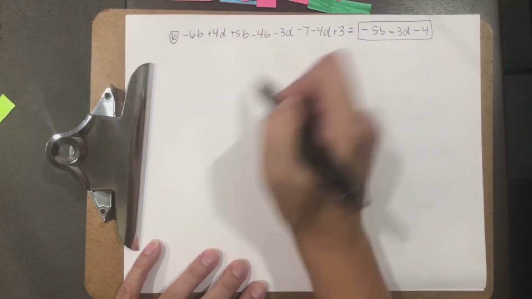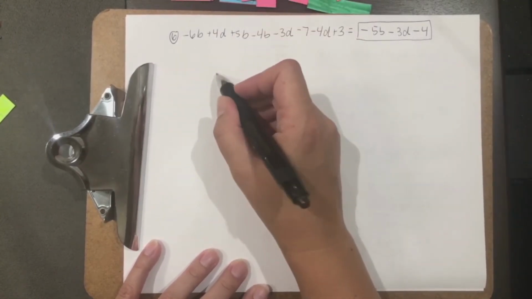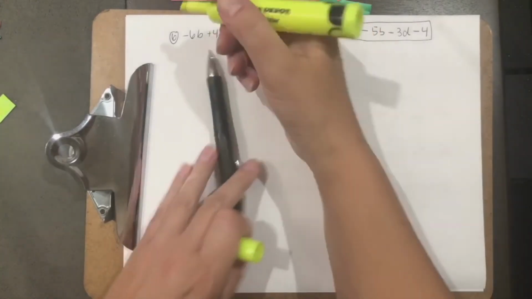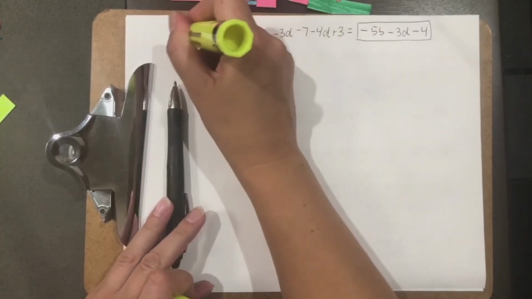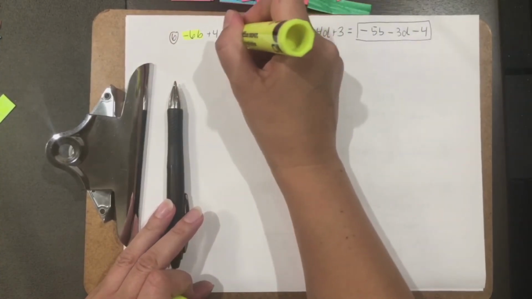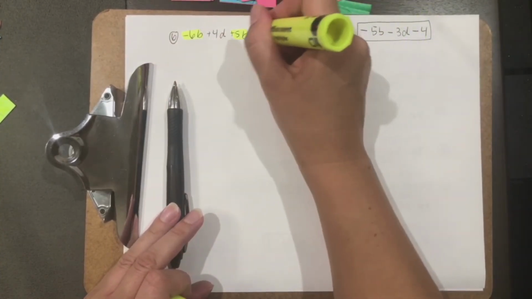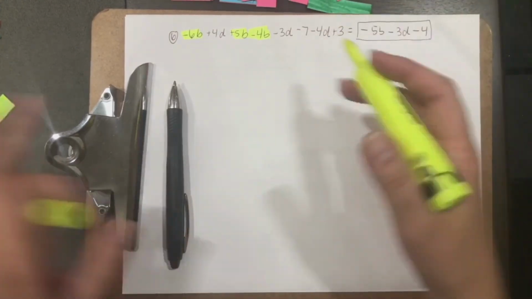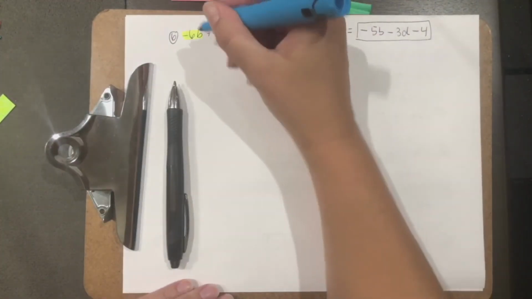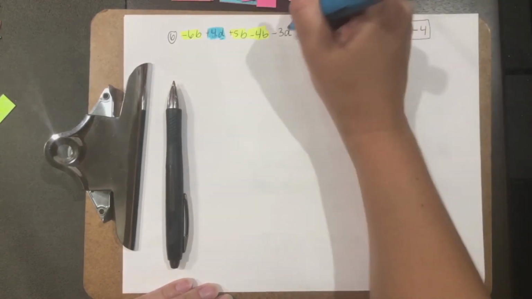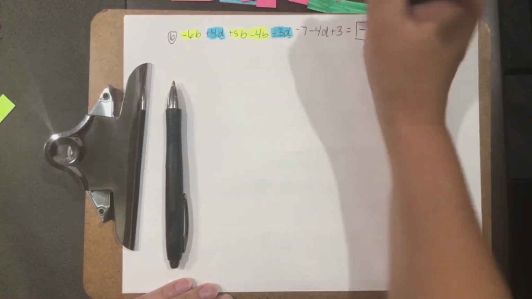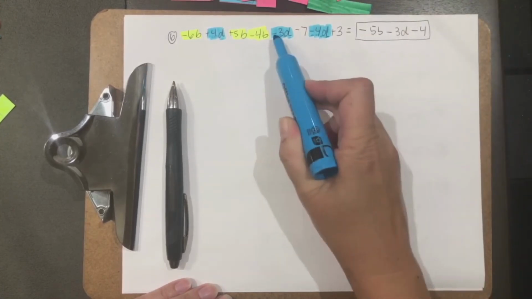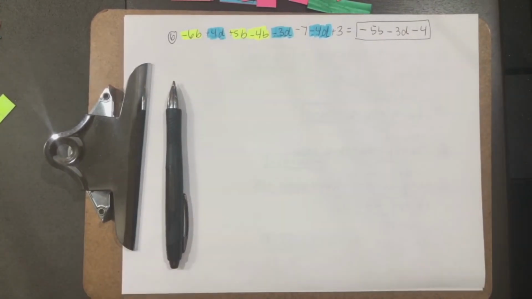All right, let's put these together. I'm actually going to use a slightly different technique here. I'm gonna highlight all the B's. So if you're allowed to use a highlighter on your tests in school, this is another possible method of solving these. So now I'm gonna put these other ones, the D's, in the blue color, and notice I'm getting the positive or negative sign right in front of it as well.